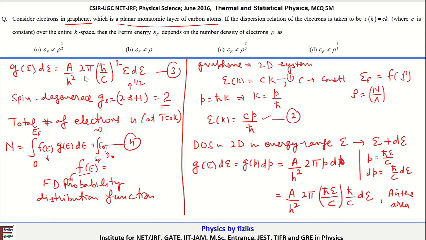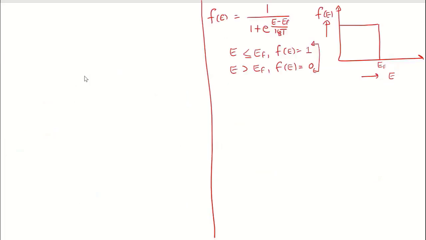Okay, so therefore the total number of electrons is given by the expression n, that is equal to the integral from 0 to EF. Now from 0 to EF, f(E) is equal to 1, so that's why I am writing 1, and then multiplying by g(E) dE, which is equal to 2 times, this is the degeneracy factor Gs, and then the density of states, which is 2 pi A upon h square multiplied by h cut by c its square, E dE.